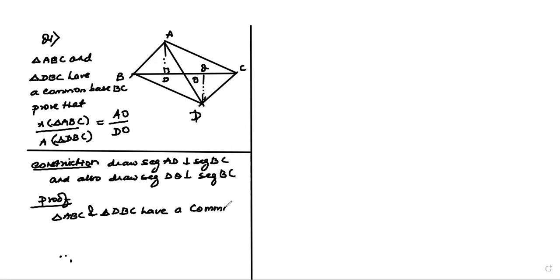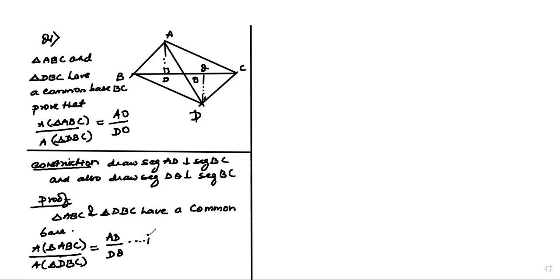The ratio of the areas of the triangles having equal bases is equal to the ratio of the corresponding heights. So area of triangle ABC upon area of triangle DBC, these two triangles have equal bases, so the ratio should be equal to the ratio of the corresponding heights, AD upon DQ.